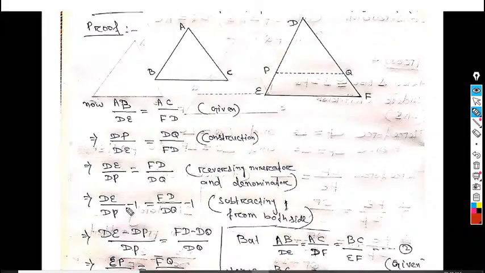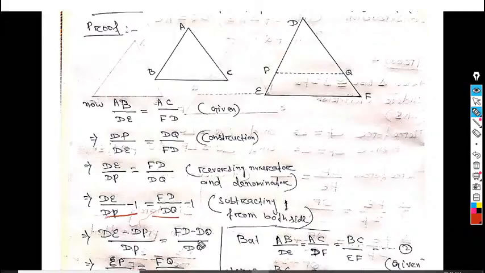Now we will subtract 1 from both sides, from LHS and from RHS. Then after subtracting, we will get DE minus DP divided by DP equal to FD minus DQ divided by DQ.